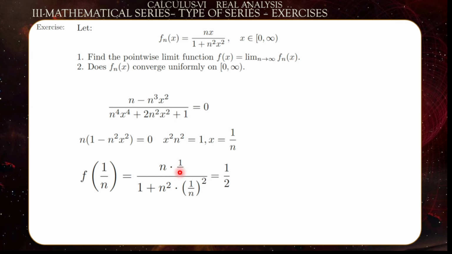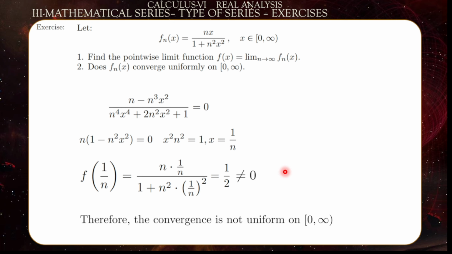So you have 1 in the numerator and 1 plus 1 in the denominator, because n squared multiplied by 1 divided by n squared is 1, which equals 1/2. Now you notice 1/2 does not approach 0. So as a conclusion, this function does not converge uniformly on 0 to infinity. It converges pointwise, however, it does not converge uniformly.